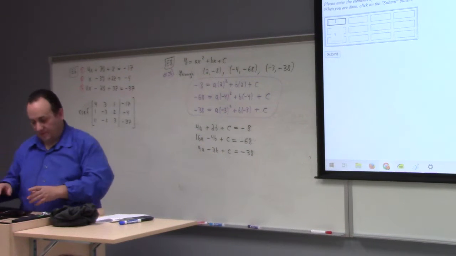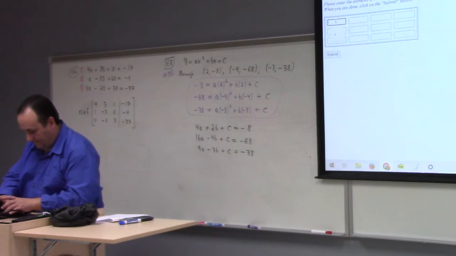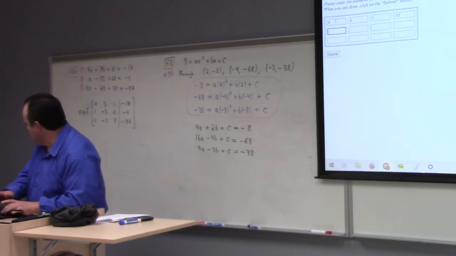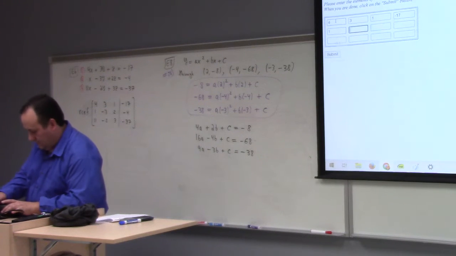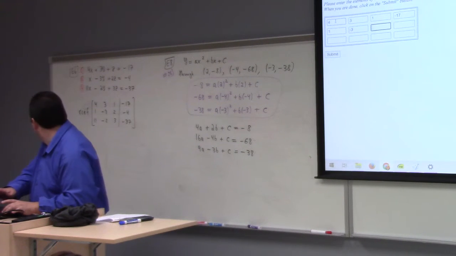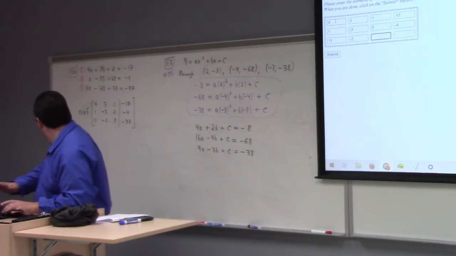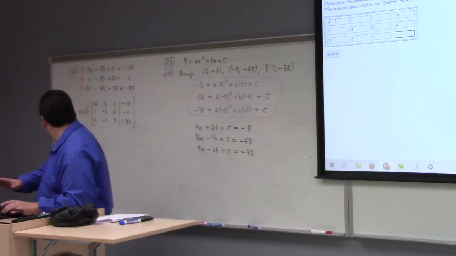You guys help me out with the numbers here. 4, 3, 1, minus 17. What's the next one? 1, 2, 11, 3.